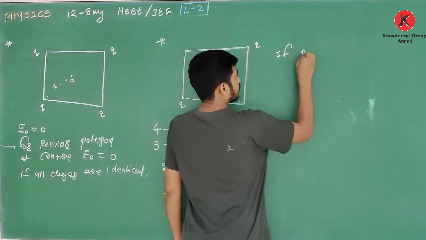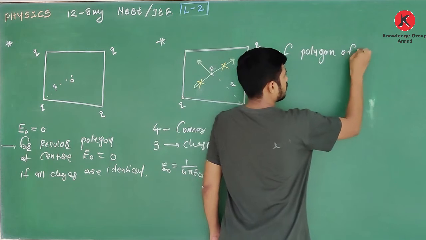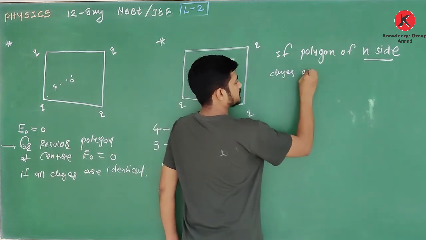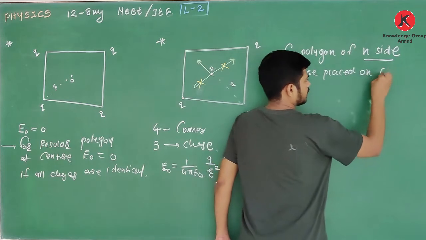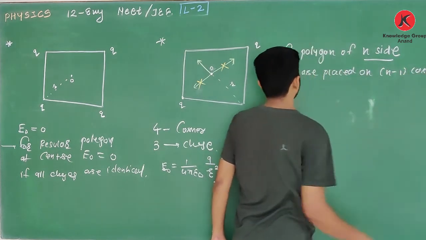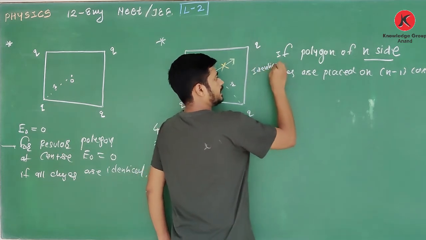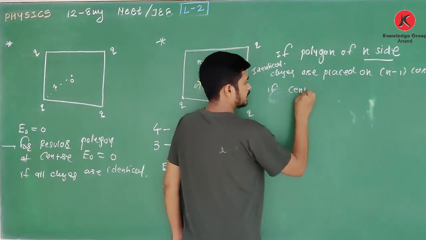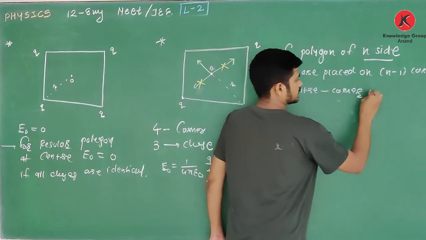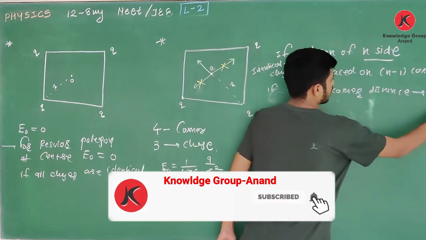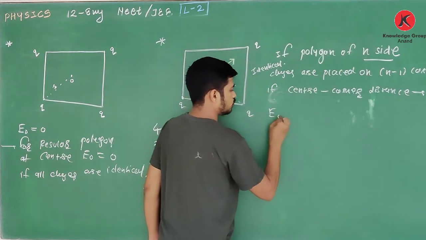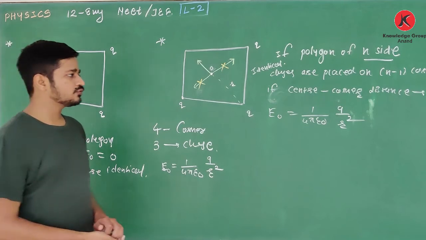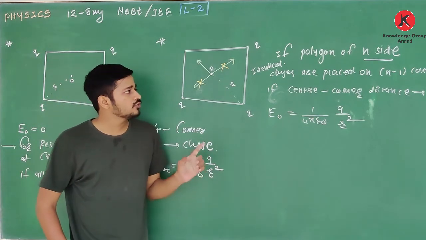If you are given a polygon of n sides, means n corners, but identical charges are placed on n minus 1 corners, and the center to corner distance is r, then what is the electric field at the center? E0 is only due to one charge, that is E0 is equal to 1 upon 4 pi epsilon 0, Q upon r square. Clear about this? So yes, you have to remember this one.